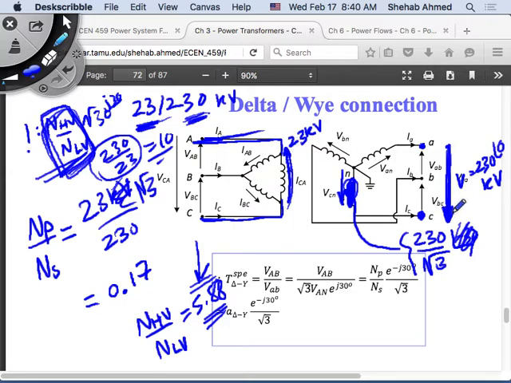Then the actual turns ratio of the transformer, which you need to plug in here, is this 230 divided by square root of 3, which is the phase voltage that you have on this phase, and the ratio of these two is what gives you the actual turns ratio that you plug into the equation. Okay?